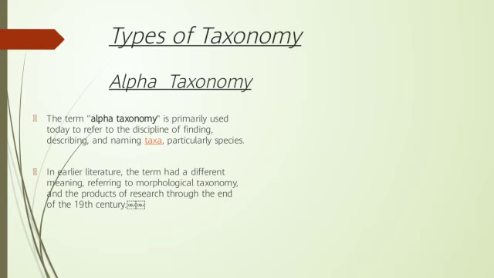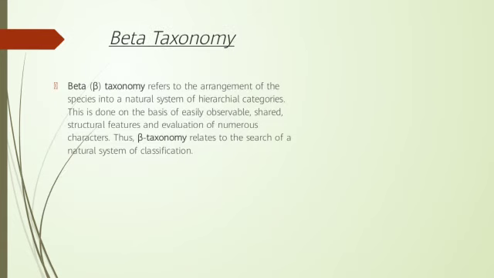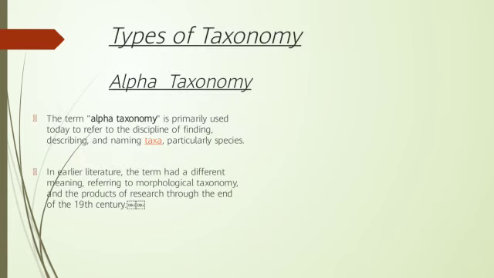Alpha taxonomy is primarily used today to refer to the discipline of finding, describing, and naming taxa, particularly species. So, this is alpha taxonomy. In earlier literature, the term had a different meaning, but now in this modern era, we use alpha taxonomy in our research process.